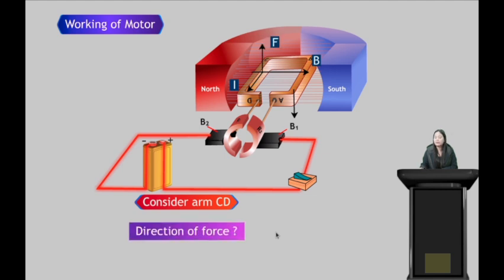The direction of force in arm CD is upward. Remember again, the object moves in the direction of force. So in arm AB, the direction of force is downward, and in arm CD, the direction of force is upward. So AB will move downward, CD will move upward.